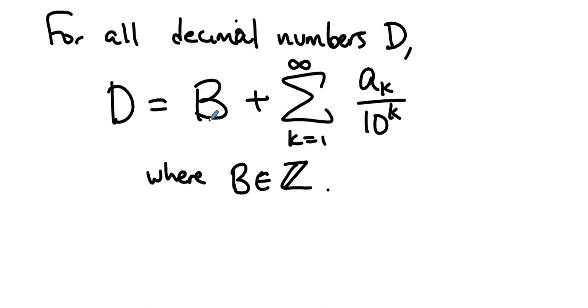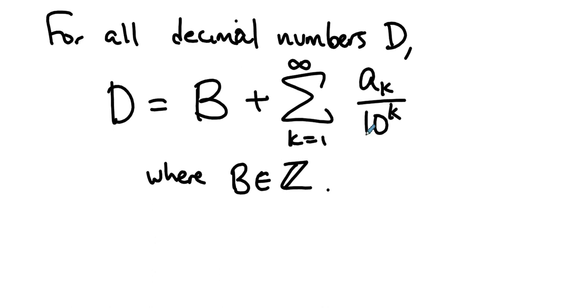That is to say, every decimal number D can be expressed as its whole number part plus the sum of all of its decimal digits in their place values after the decimal point, added up all together.